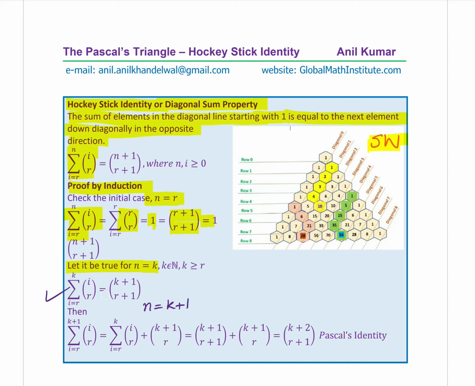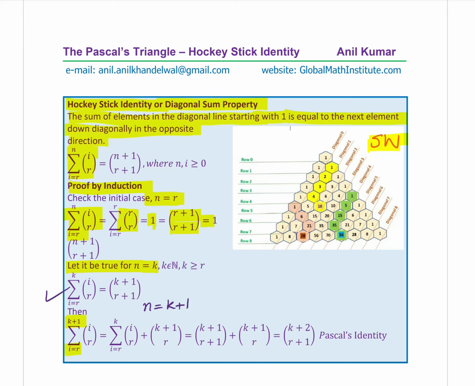And once we do that, in this particular case and expand, we get what? We get k plus 1 Cr plus 1 plus k plus 1 Cr. And now from the Pascal's identity itself, we get k plus 2 Cr plus 1. Perfect. That is how we prove it. So that is so simple. So what we did once again is we have taken i from r to k plus 1.